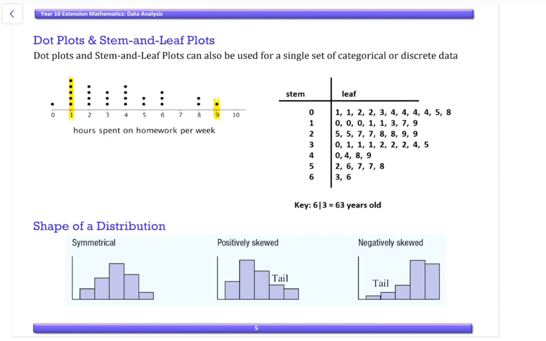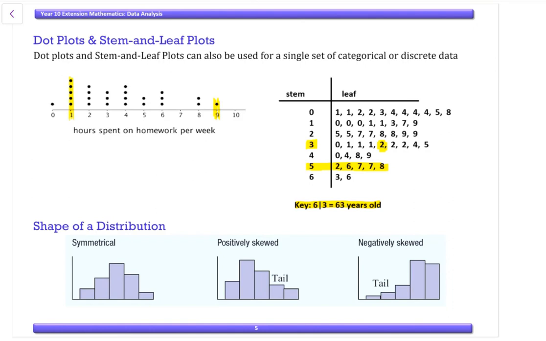With our stem and leaf plot, we need to have a key so we know what it's showing. So here we're looking at age. So if I looked at this figure here, the 3 with a 2, that means 32 years old. So if we looked at this 5 here, we have 5 people who are in the 50s. Okay, so 52, 56, 57, 57 and 58.